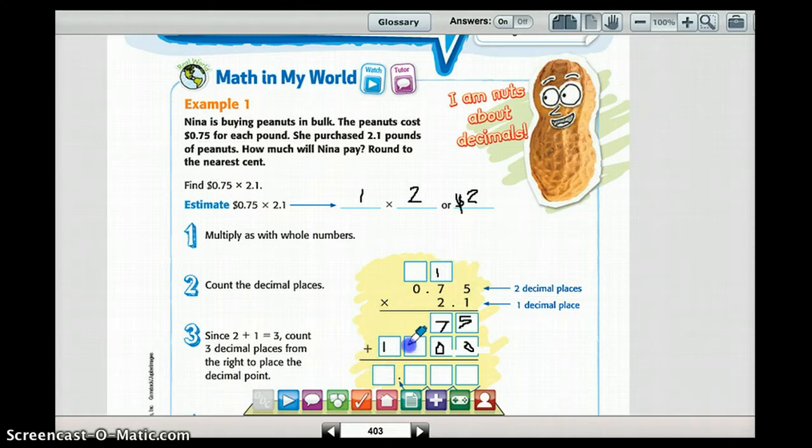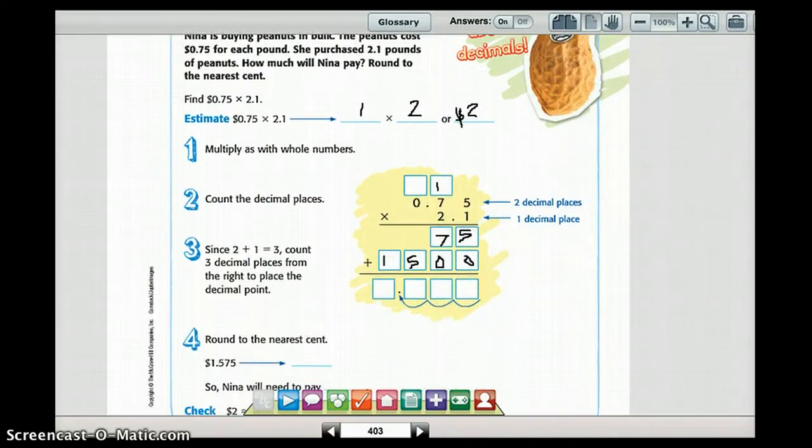And you could do that 2 times 0, but it would just be 0. So it works out to be 15. Then we have to add up, same as we do in regular multiplication. 5 plus 0 is 5. 7 plus 0 is 7. Nothing plus 5 is 5. And then we have nothing plus 1 is 1.